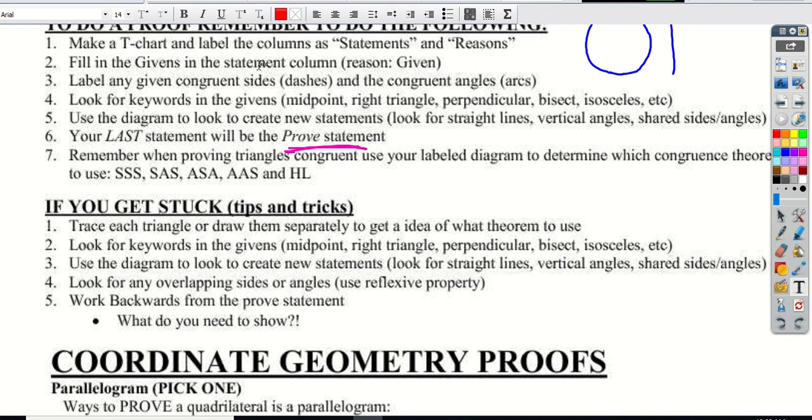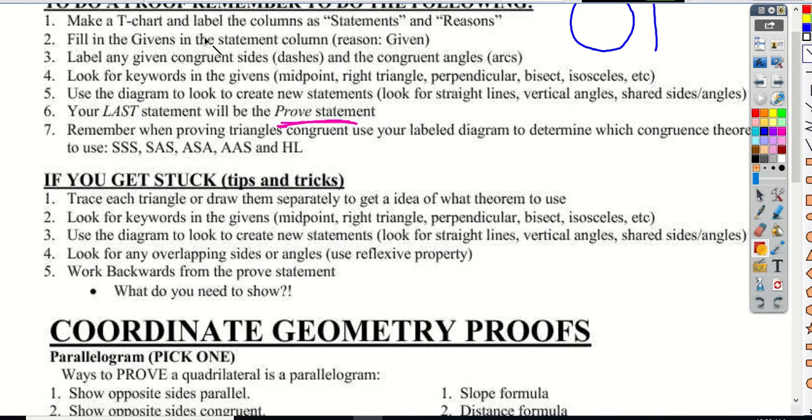Our job now is to look for anything we know is congruent from the given, any keywords in the given like midpoint, right triangle, perpendicular, bisect to help us build new statements, or can we use the diagram and look for straight lines, shared angles, right angles, things that are already marked or we know about there for us. Does that make sense so far? Okay. And we're going to keep making statements until we get to the proof statement. That should be our last statement. It's the proof statement. All right.